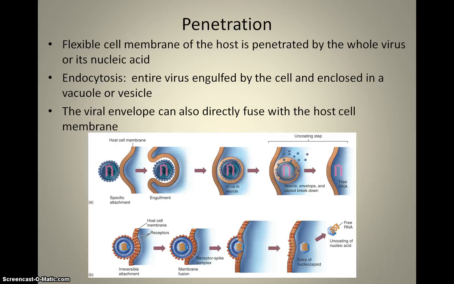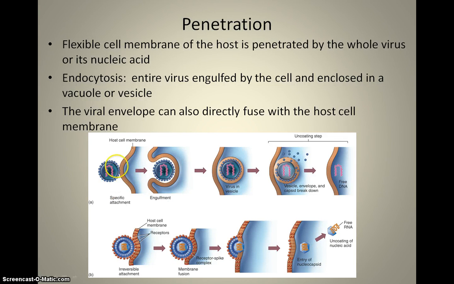Now, after the virus has attached to the proper host, now it needs to penetrate into that host. So this happens in 2 different ways based on whether or not there is an enveloped or a non-enveloped virus. If you're a non-enveloped virus, it's a process called endocytosis, in which the host cell creates a vesicle and engulfs the virus with the membrane.